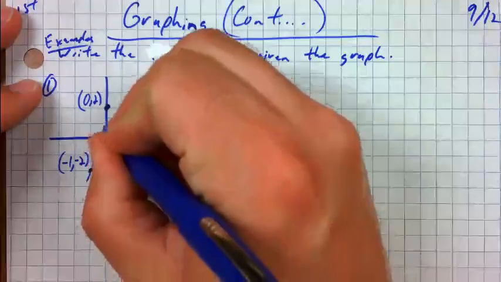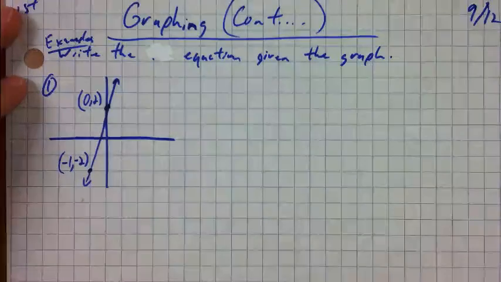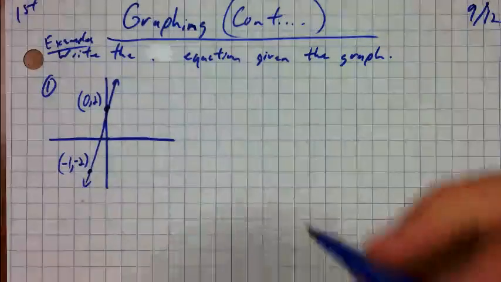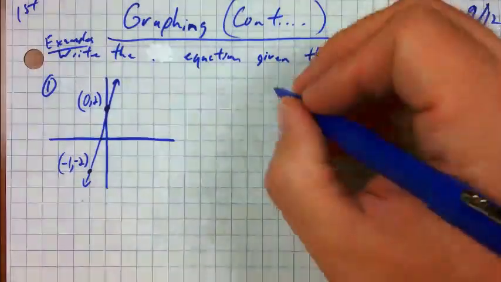So that's going to be our line. So I'm giving you that line. We need to be able to write our equation from that. All right. Now, before I do that, I'm going to write out another couple graphs.